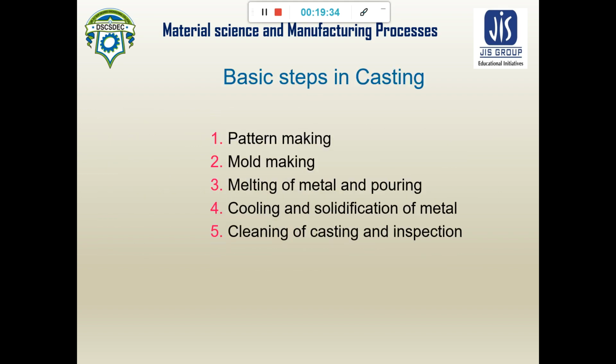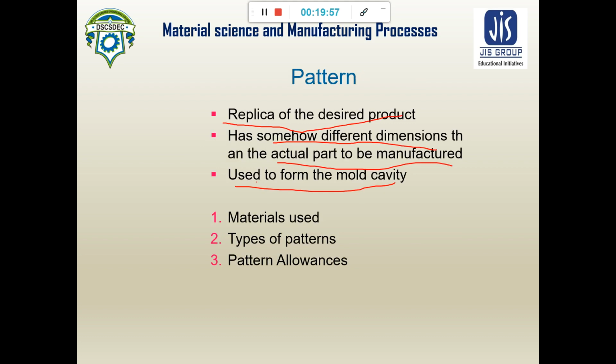In this lecture we are concerned only with the first part of pattern making, that is the pattern material, how to select it, and what the requirements for the pattern material are. So what is a pattern?